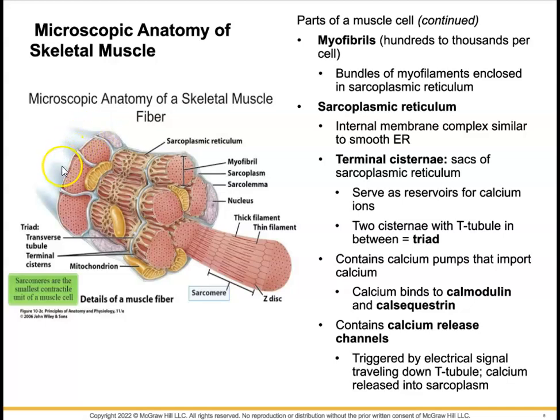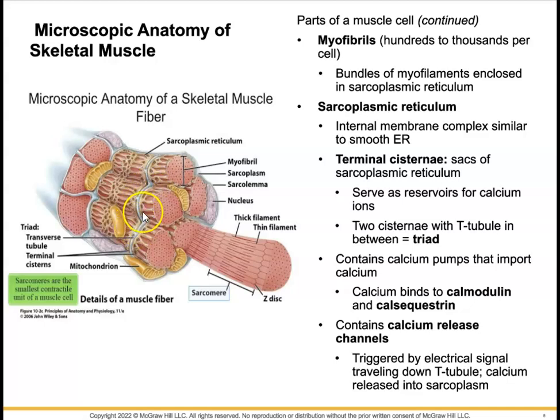Here you can see the cell membrane, which is called the sarcolemma. And I really like this image because the color is consistent. The cell membrane is this light bluish gray. Your transverse tubules are the light bluish gray that go into and through the cell. So you can see transverse tubules coming down from the cell membrane into the sarcoplasm of the cell. And here you can see it again.